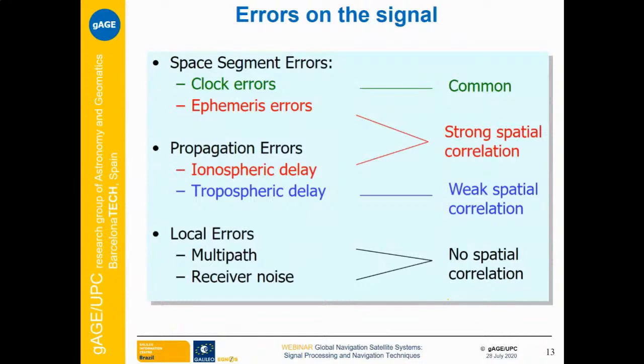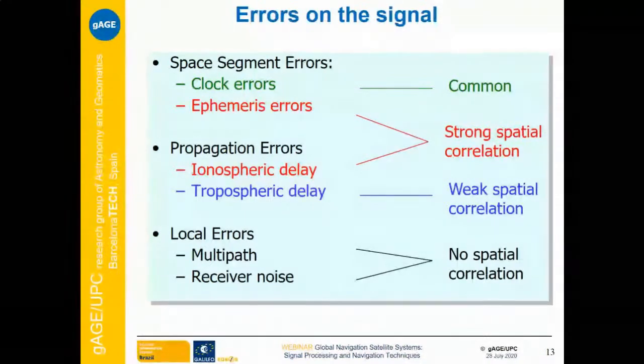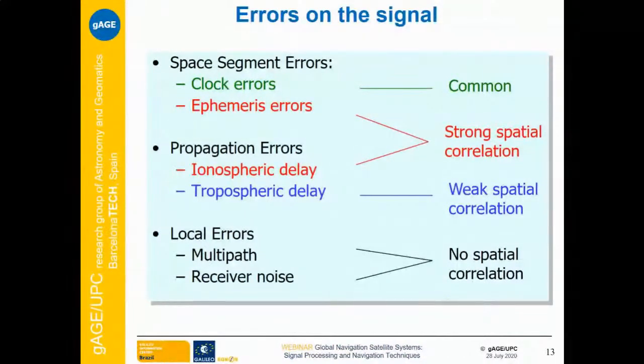In order to categorize the errors that we have seen in the signal, it is typically distinguished by the segment. We have errors that are generated in the space segment, and this basically corresponds to the errors in the satellite clocks, or errors in the orbits, errors in the satellite positions, the ephemerides errors.